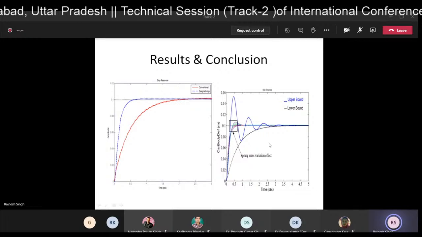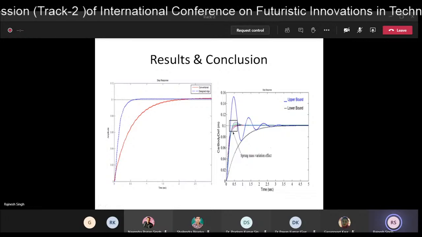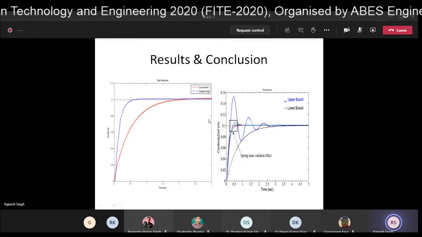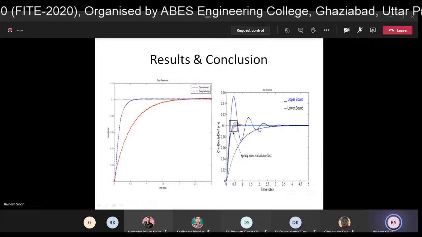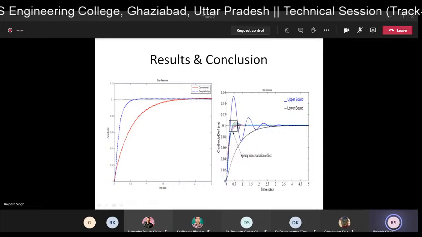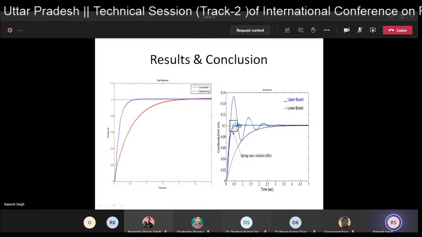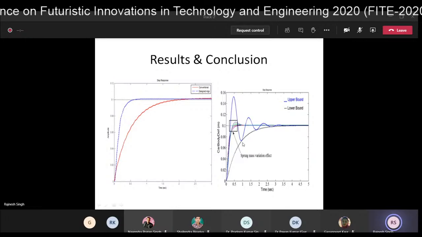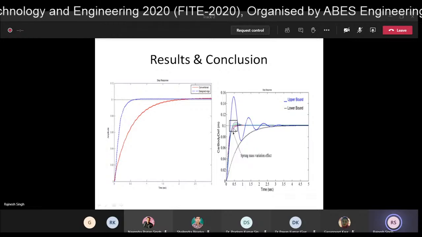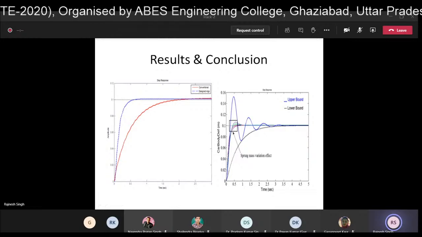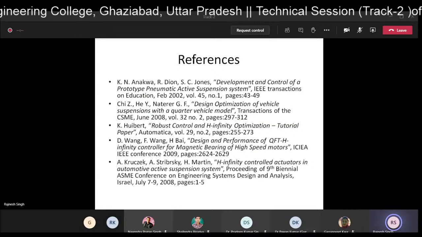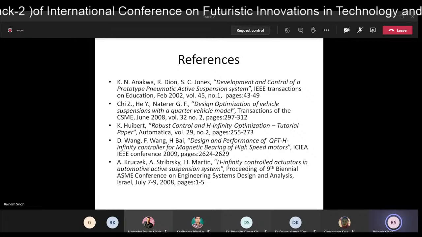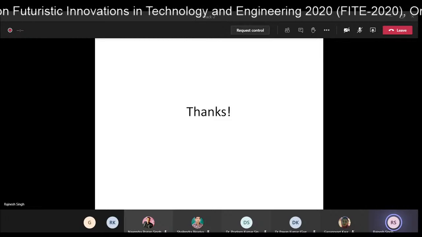And with variation in parameters like spring constants or mass of the system, the overall response of the system stays within the range. It is not getting out of the range. So we can say that H infinity is a robust control for the system. These are more references for the paper work. Thank you.